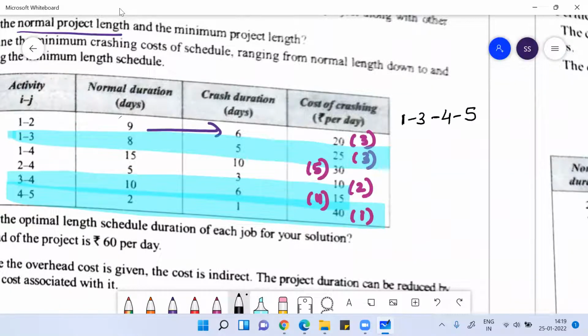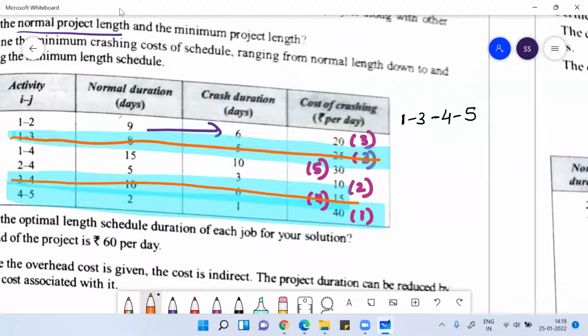So here, we can reduce the time from 20 days. I can make it 19 days. I can make it 18 days and so on.